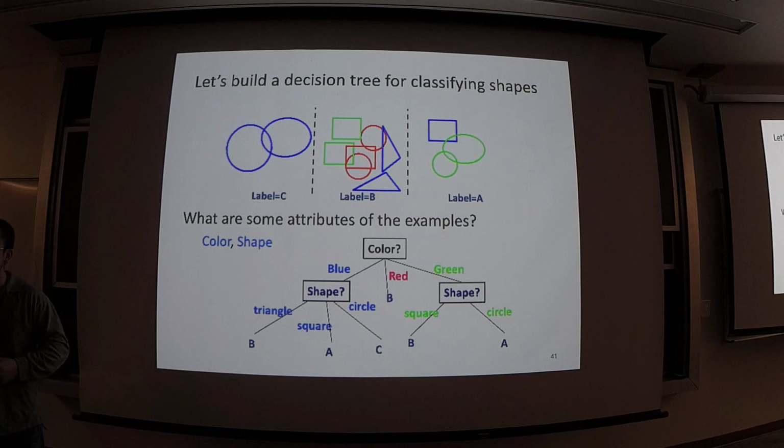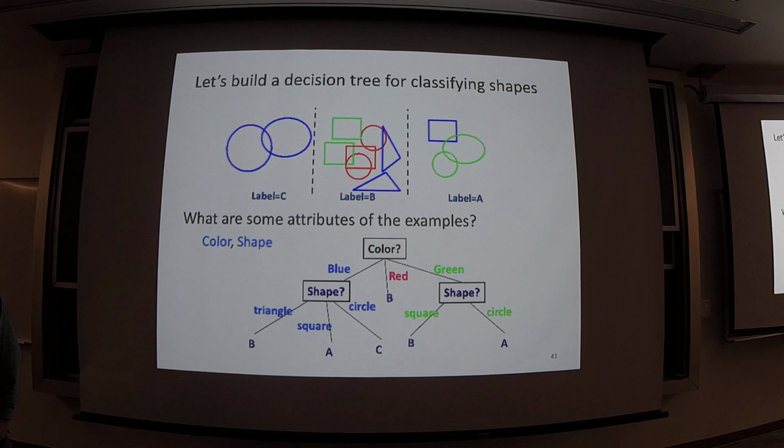Then we do it recursively until we arrive at a subset of examples which have a unique label. Then we should stop because it's not necessary to split anymore. We create a leaf node and use the shared label of all the examples in the current data set as the label for that leaf node.